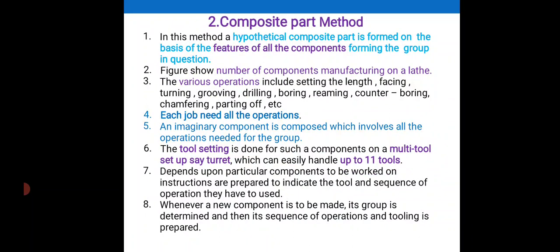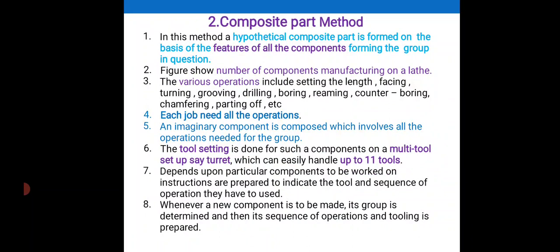This is the number of components manufactured on a lathe. The various operations include setting the lathe, facing, turning, grooving, drilling, boring, reaming, countersinking, chamfering, parting off, etc. Each job needs all the operations. An imaginary component is composed which involves all the operations needed for the group. The tool setting is done for such a component on a multi-tool setup, say a turret, which can easily handle up to 11 tools.